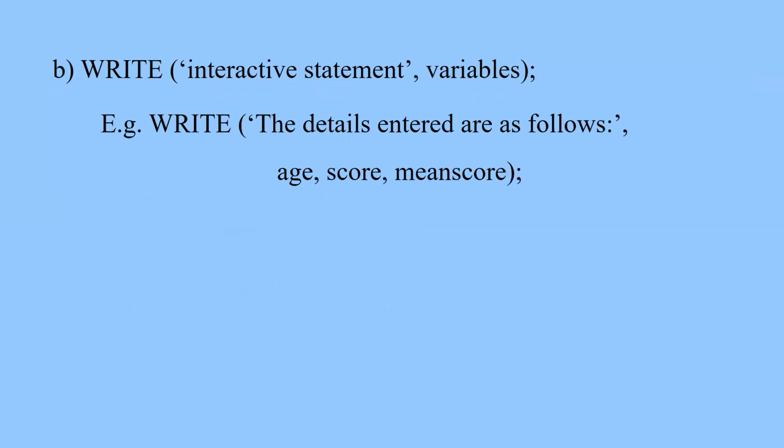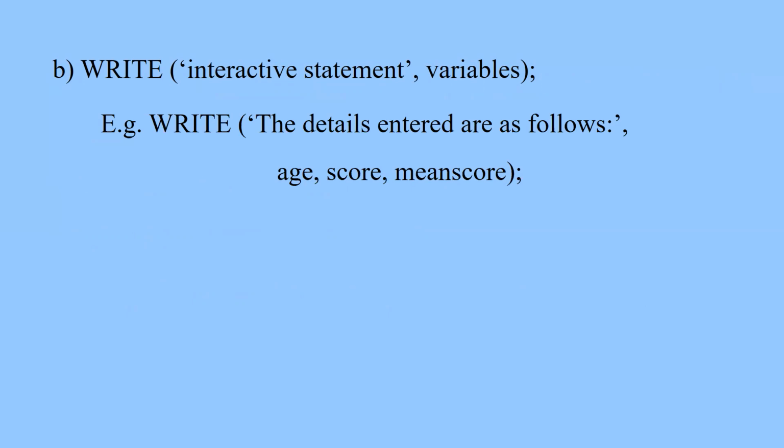Or write an interactive statement, the message, followed by a variable, the content of a memory location. For example, this statement here will display the age, score, and the mean score of the student, accompanied by a statement like 'The details entered are as follows'.